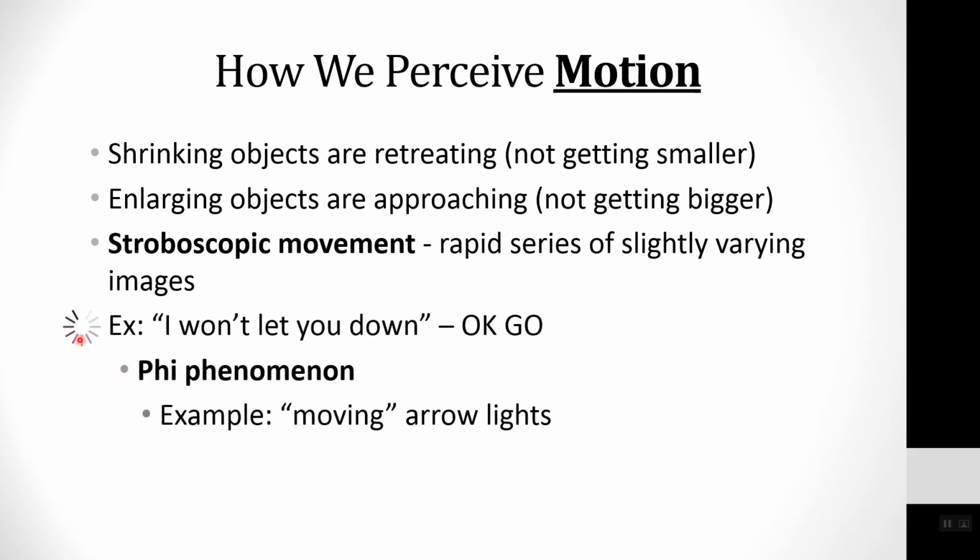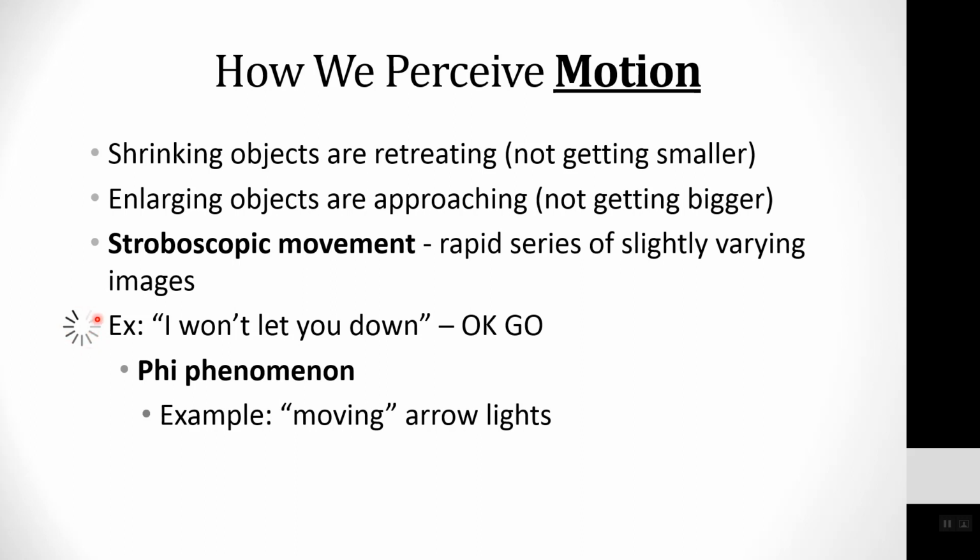There's something related known as the phi phenomenon. The phi phenomenon is also an illusion of movement, and it's created when two or more adjacent lights blink on and off in quick succession. You know this when you're loading a page, maybe you have a Mac and you see that little pinwheel of death.